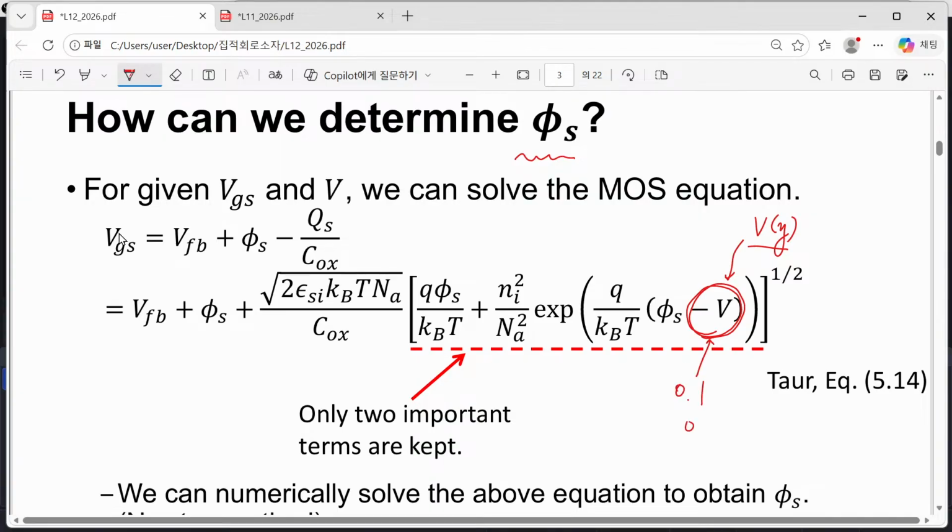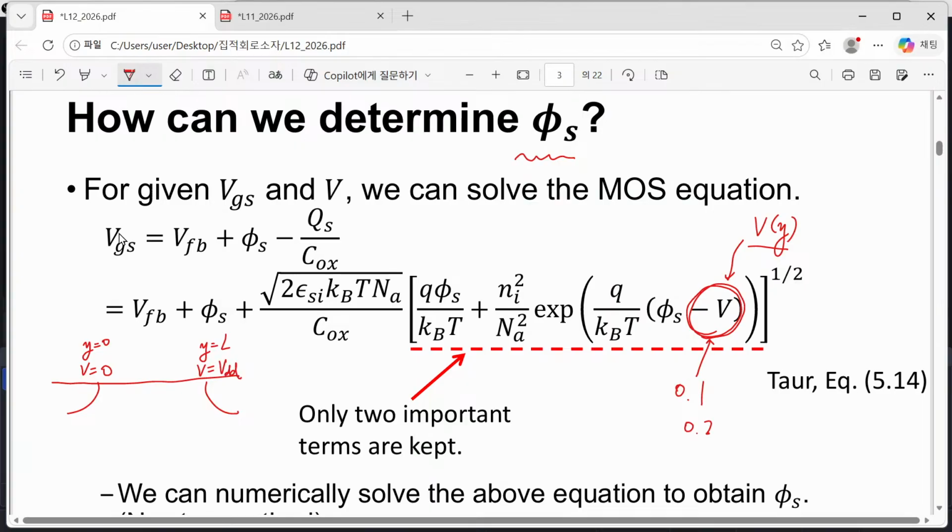But except for this small difference, even in this case we can say there is a certain given number, 0.1, 0.2. Think about this one. Here we have a transistor, with y equal to 0 and y equal to L, and V equal to 0 and V equal to, for example, VDD.